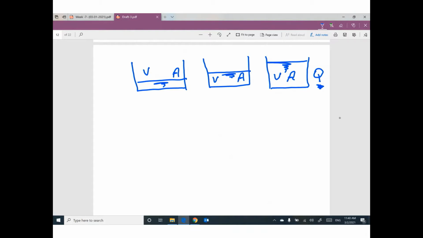In each situation, you can figure out the value of E, specific energy, equal depth plus V squared divided by 2g. We have here depth and velocity. We have a different depth and different velocity.